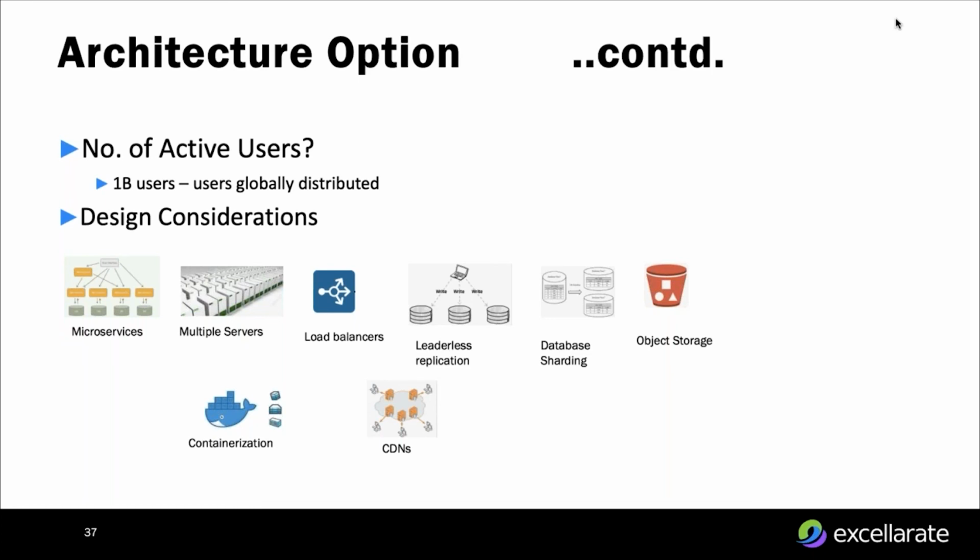Then we can follow different strategies if you are using RDBMS, like leaderless replication. Then database sharding, where you go with a NoSQL kind of database where you'll be able to shard it with automatic user requests going to an appropriate location based on different strategies that you decide.